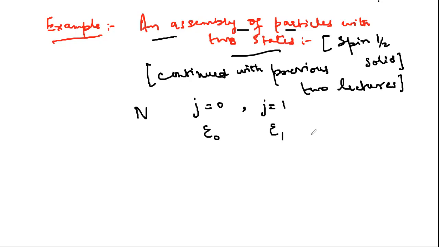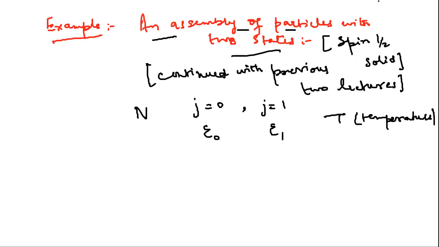Then we were interested in finding expressions for the thermal properties of the system of this assembly at some given temperature T. So T is the temperature of the assembly.